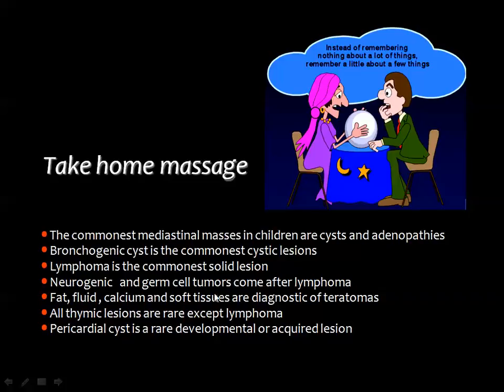Neurogenic and germ cell tumors come after lymphoma. Fat, fluid, and calcium, and maybe soft tissues are essential for the diagnosis of teratomas. All thymic lesions are considered rare except the involvement of the thymus by lymphoma. Pericardial cyst is a rare developmental or acquired pathology.